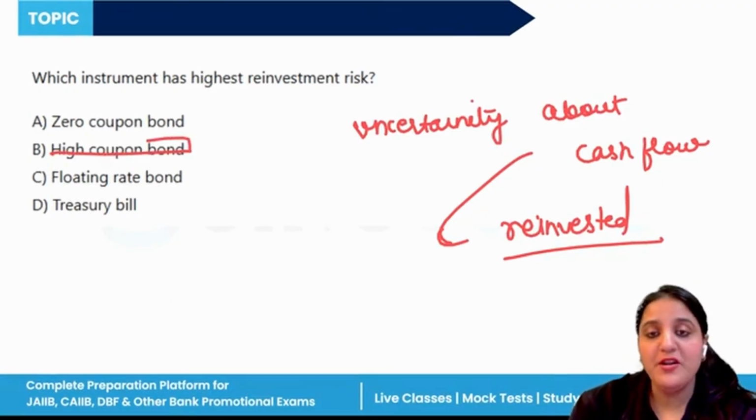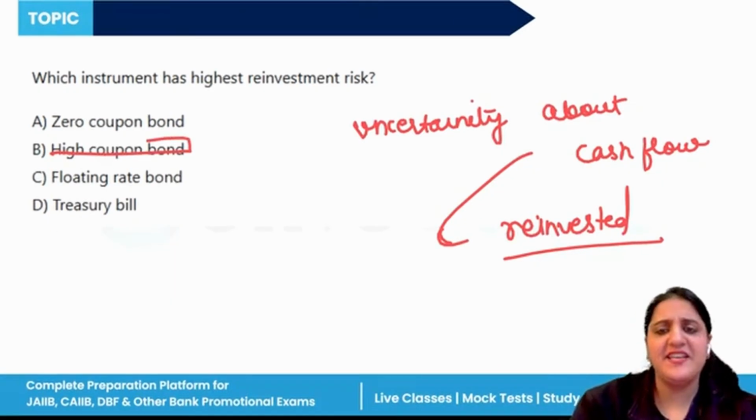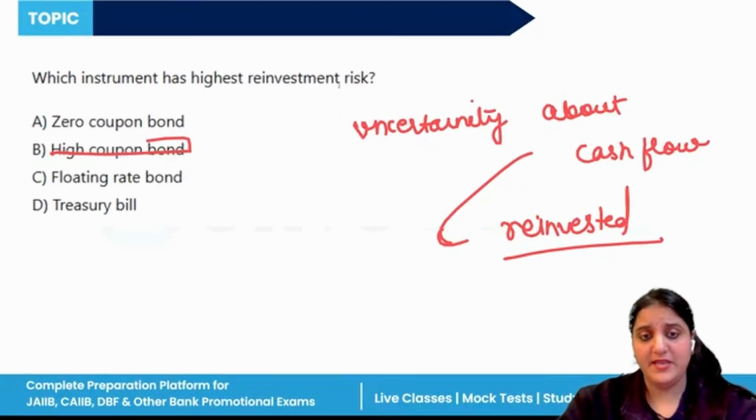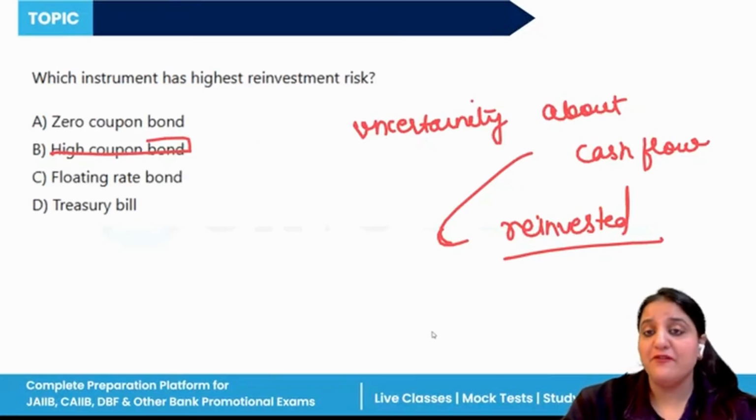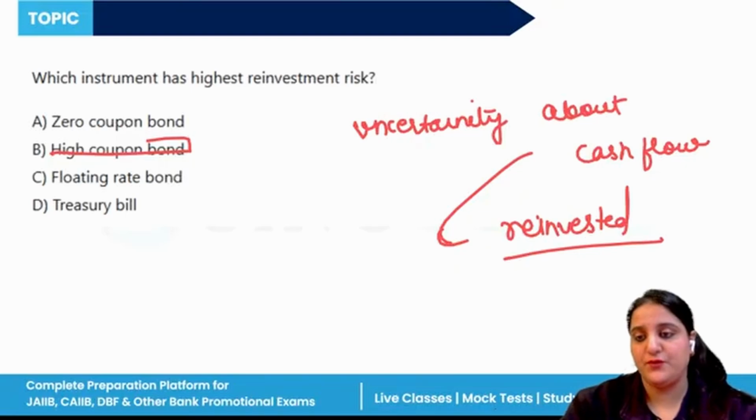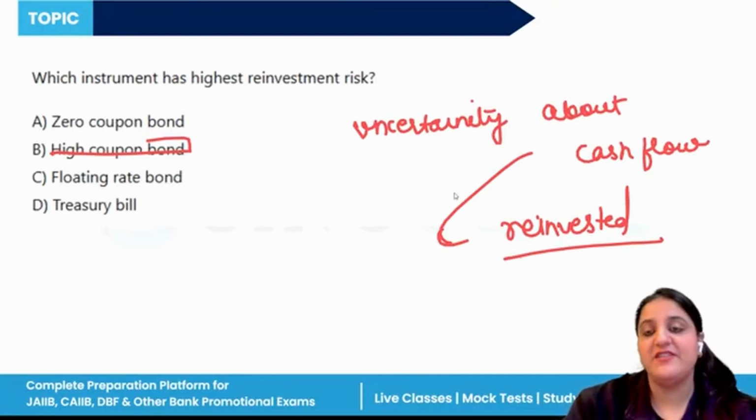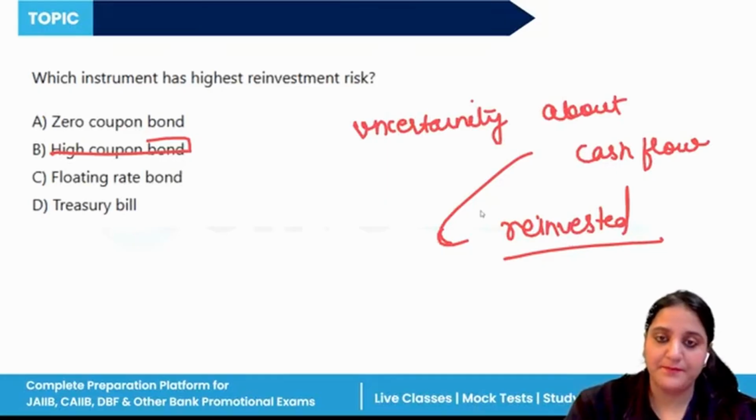Why high coupon bond? Because the higher the coupons, the more interim cash flows we have, which means more reinvestment exposure. And if there is a zero coupon, there are no interim cash flows, so no reinvestment risk.